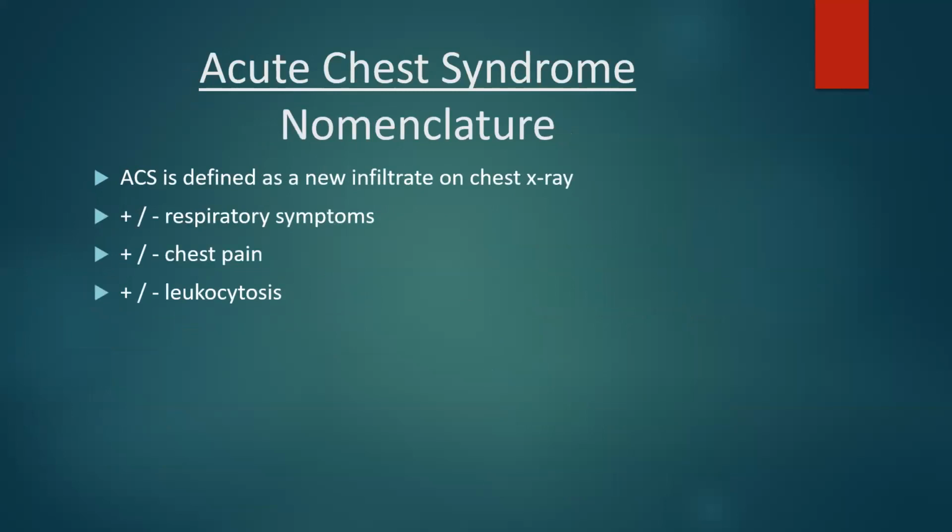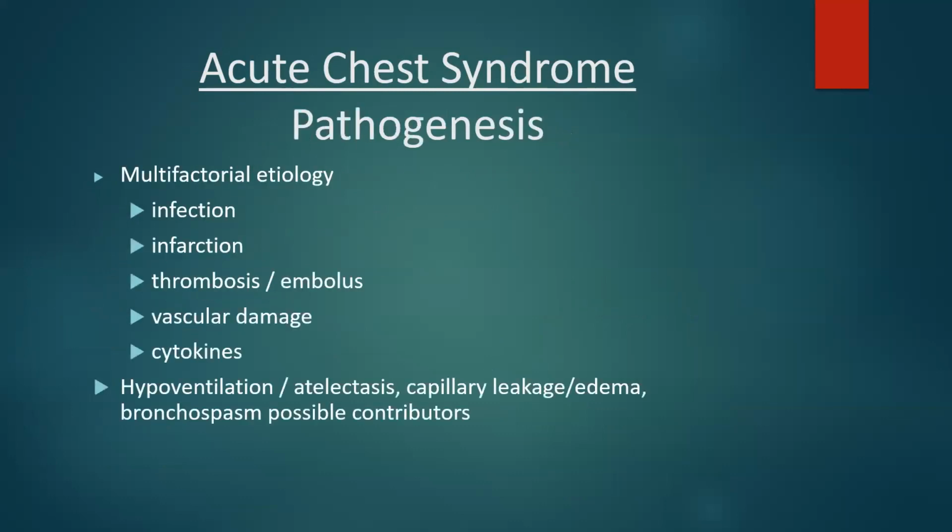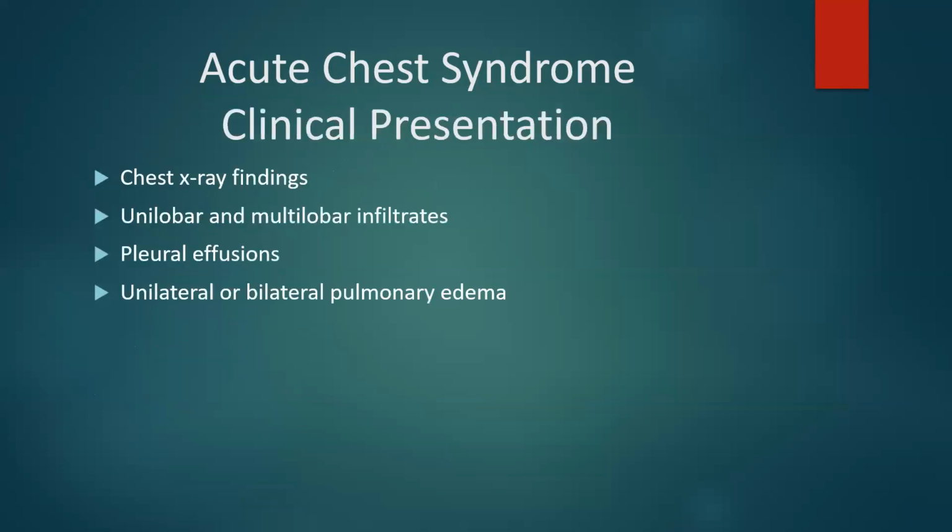As I already said, acute chest syndrome is defined as a new infiltrate on a chest X-ray, with or without respiratory symptoms, with or without chest pain, with or without leukocytosis. The cause of this is multifactorial. Infection, thrombosis, or embolus may trigger this crisis.